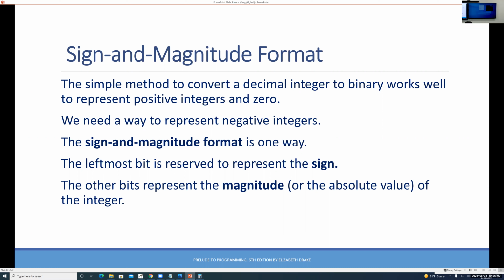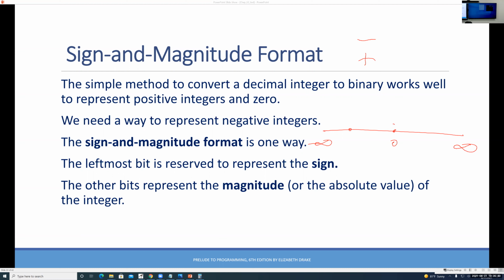So now we move to the sign and magnitude format. What is the sign? Sign is whether the number is negative or positive. And what is the magnitude? Magnitude is how far you are from the number 0. Think about the number line: you have negative infinity, positive infinity, and 0.